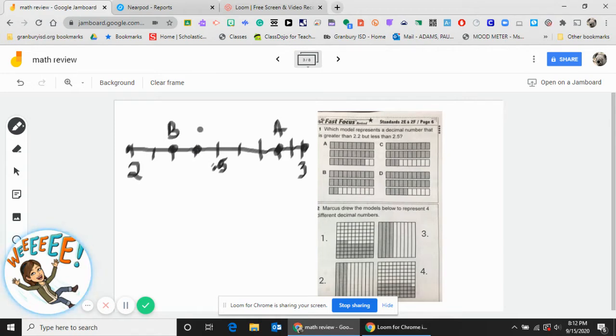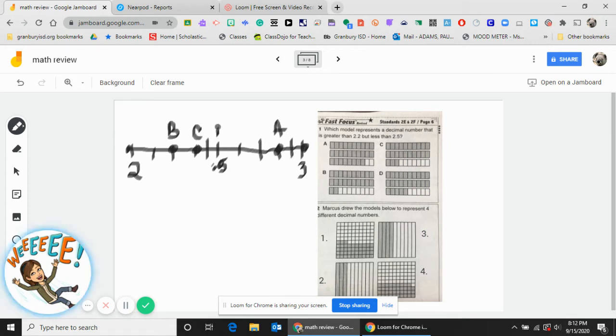So this has to be C. There's my whole 2. There's my 3/10. 1, 2, 3. Oh, I'm missing 4, aren't I? Sorry about that. 4, 5, 6, 7, 8. There we go. And then D would have to be 2. There's my 2. And then 1, 2, 3, 4, 5/10.